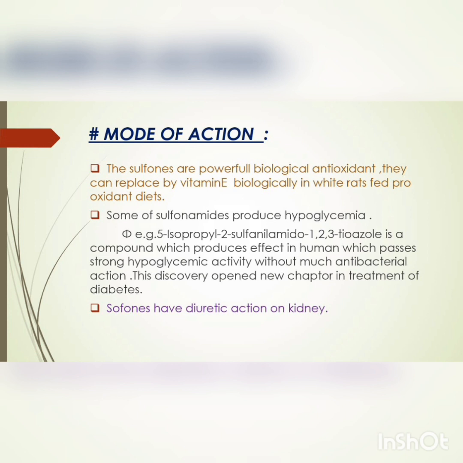Example, 5-isopropyl 2-sulfonamido 1,3,4-thiadiazole is a compound which produces an effect in humans with strong hypoglycemic activity without much antibacterial action. This discovery opened a new chapter in treatment of diabetes. Sulfones have diuretic action on the kidney.